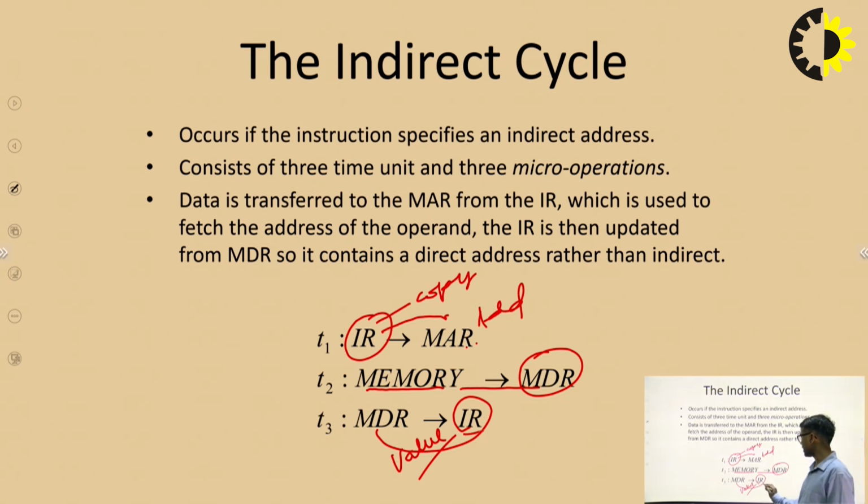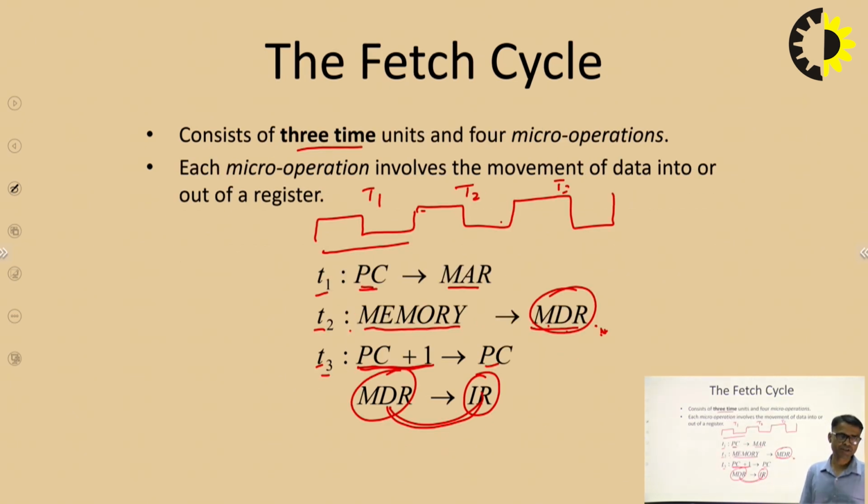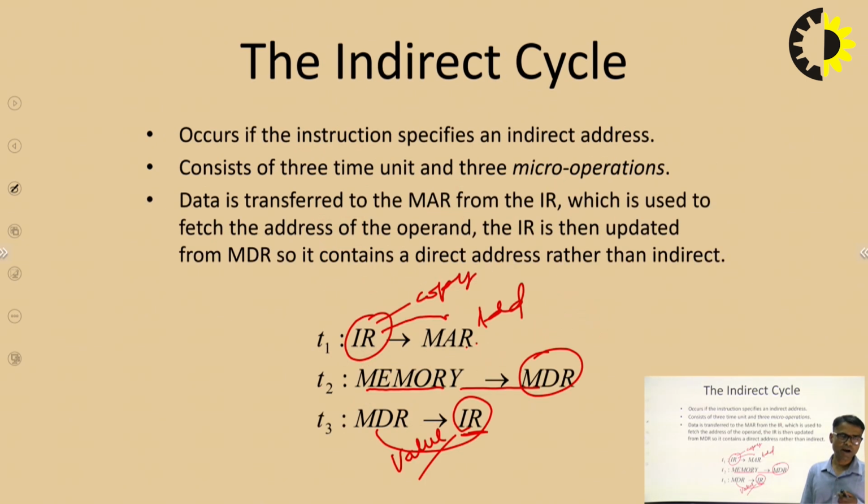Now this IR has the actual data available to execute. So when we do a fetch, the instruction is available in the CPU, and the CPU control unit will check whether it is direct or indirect. If it is an indirect operation, the indirect cycle will take place to bring the data from the main memory, since the data is not readily available in the instruction.